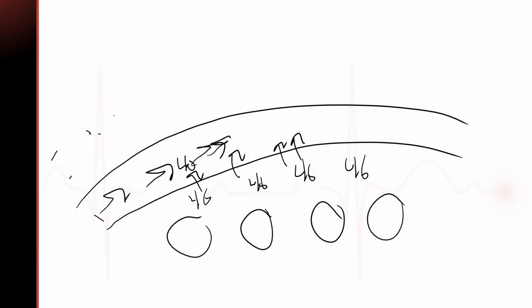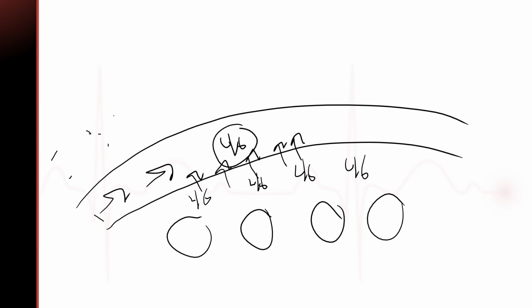And very, very quickly, as the blood is traveling past this tissue, the partial pressure of carbon dioxide within the blood plasma will rise to 46. It will hit equilibrium with the interstitial fluid. As the carbon dioxide moves from the interstitial fluid into the blood plasma, the partial pressure of carbon dioxide within the blood plasma and the interstitial fluid will end up being exactly the same.